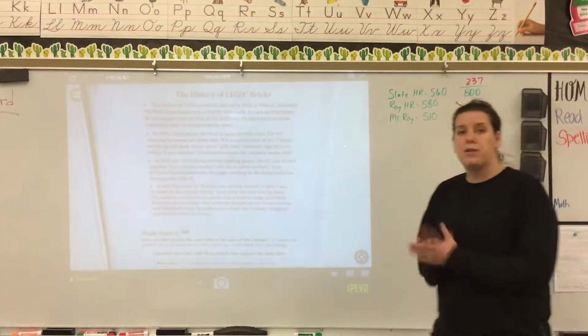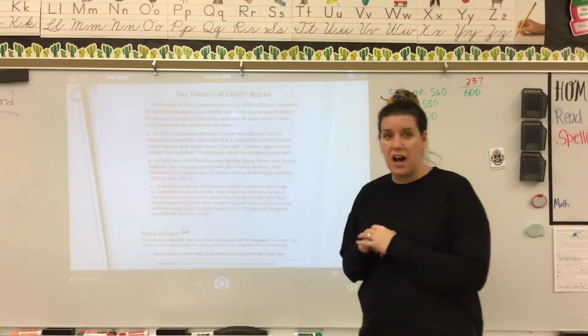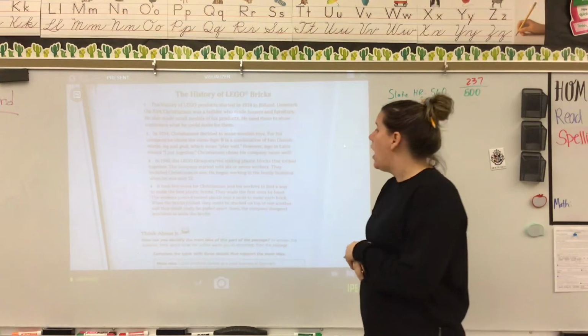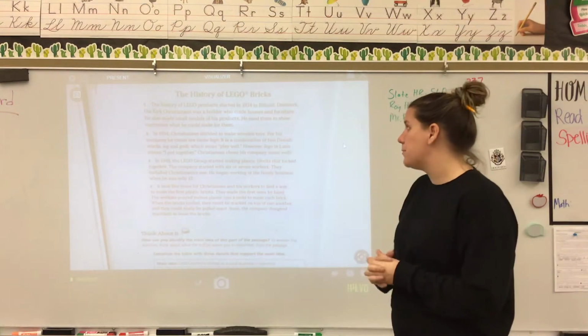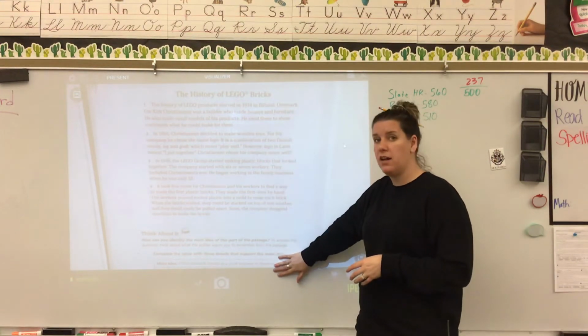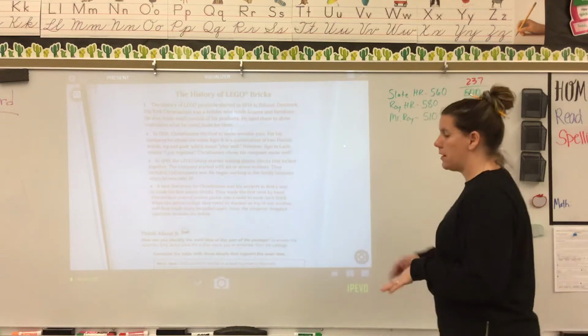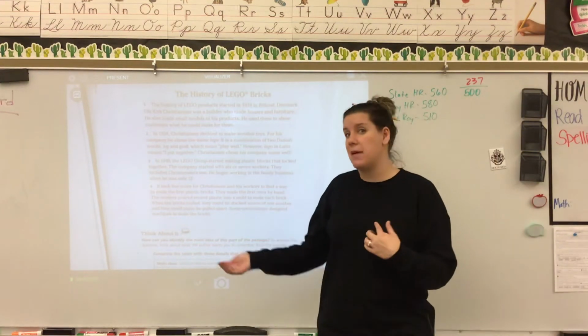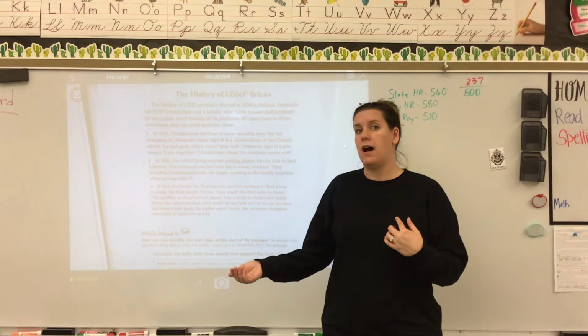Okay, so now this is your history of Legos, okay? The first thing we're going to need to do is read this, and then down here, it asks for some supporting details of the main idea that it already came up with.